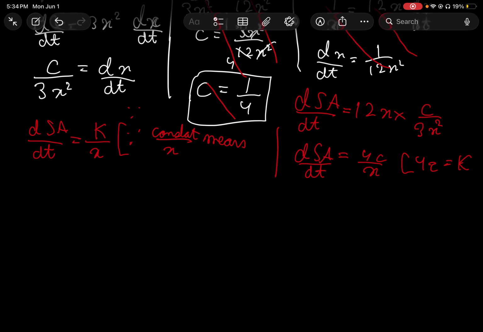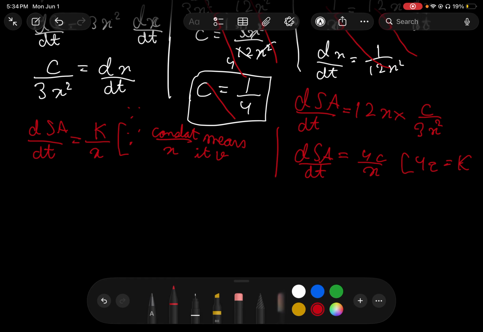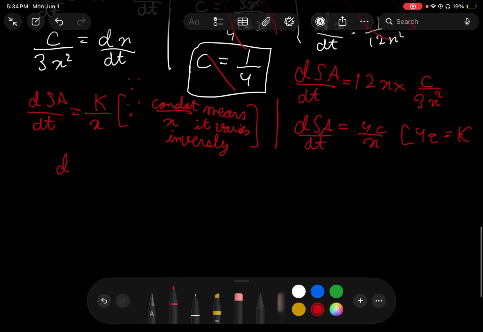That means it varies inversely. I don't know why. Okay, so I would say dsa upon dt is, oh, because it's k, I can write it as 1 upon x, because k becomes x.